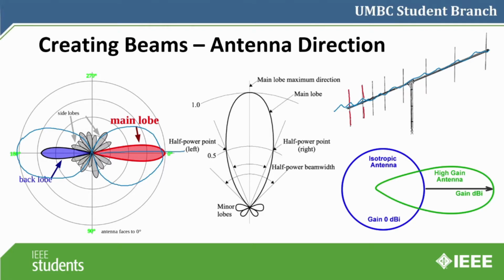So this is the direction that we want to transmit and receive. We're still transmitting a little bit in other directions, and that's just because we can't really get a perfect all-in-one transmission. But we're sending a lot more of our power in the direction we want to transmit.